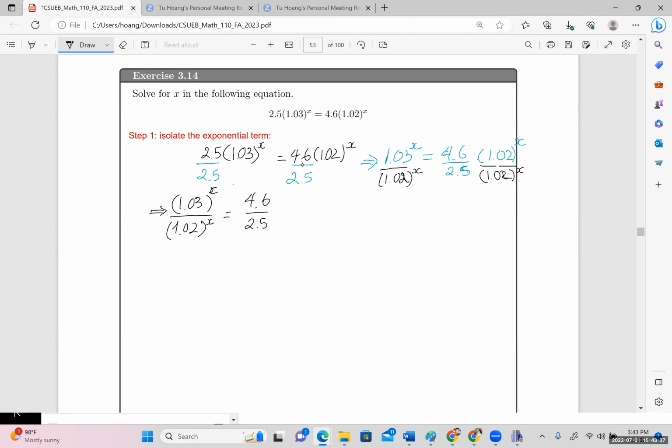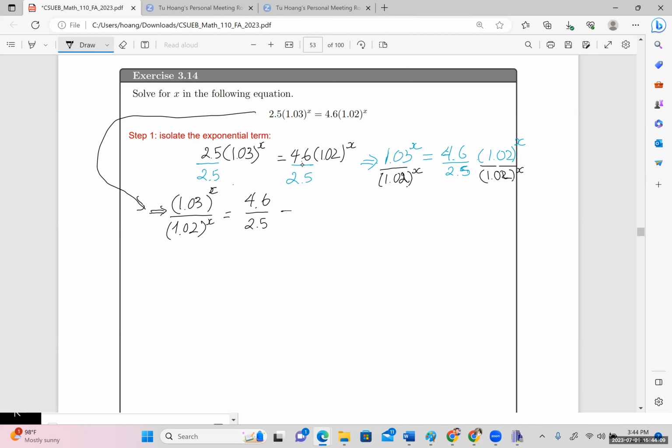If you're really strong, you can go from the first step right away to here, because you can always think that you have to move all the terms that have variables to one side and the terms with constants to the other side.